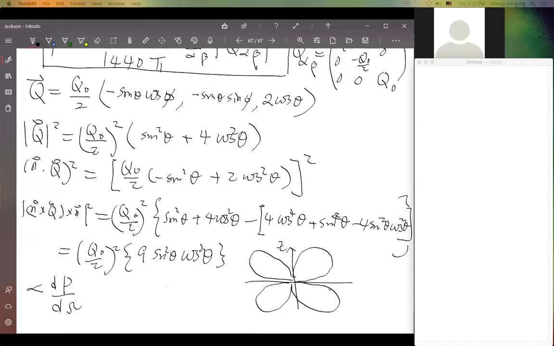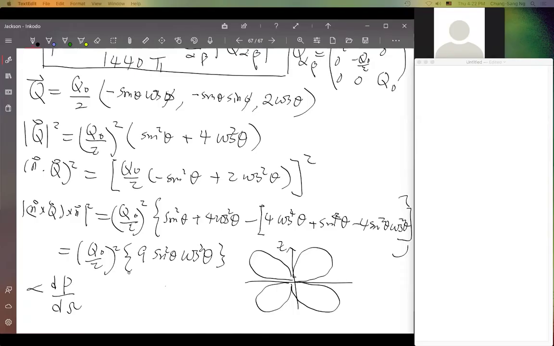And likewise, it is symmetric with respect to positive and negative z, and then of course there's a rotational symmetry, so if you rotate, it's exactly the same. So it depends only on theta, not phi. Okay, so that is the power distribution of this quadrupole radiation. So dP d omega is proportional to something of this shape.